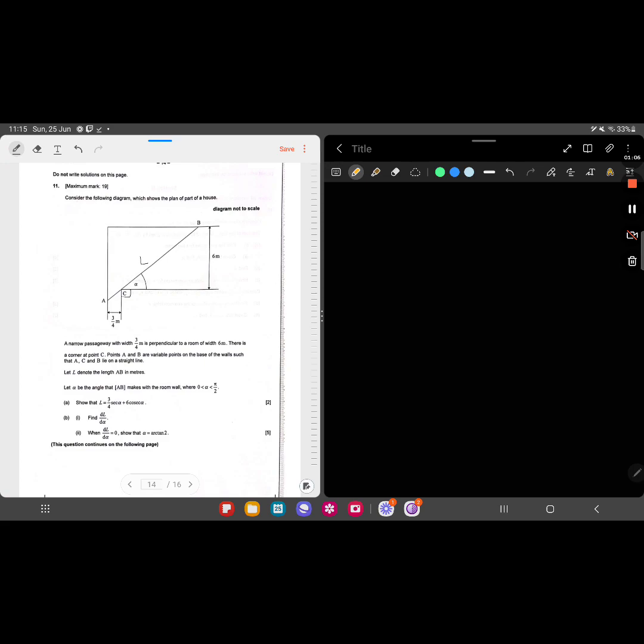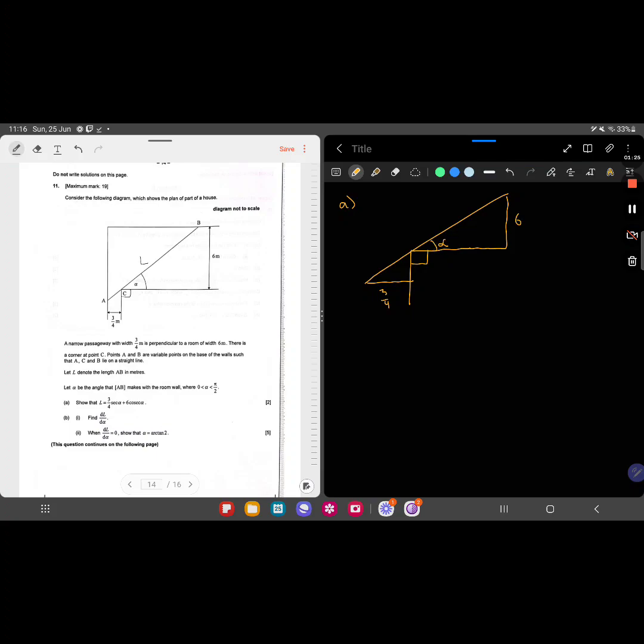If I split L, let me just draw it here, part A, and then we have a corner that's 90 degrees. This is 3 over 4 meters, this is 6, and this is alpha.